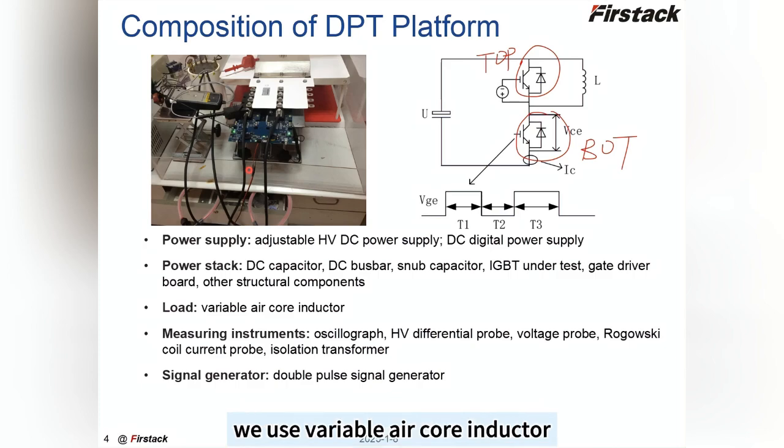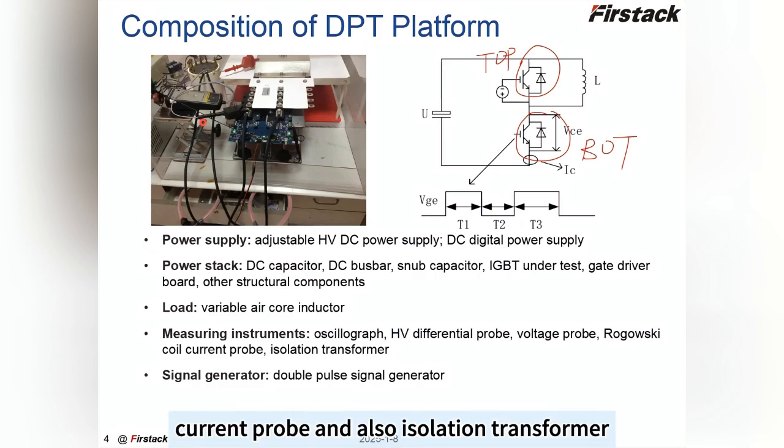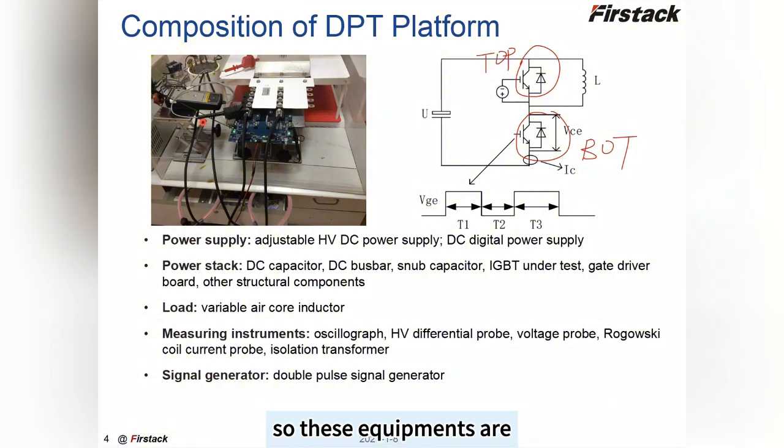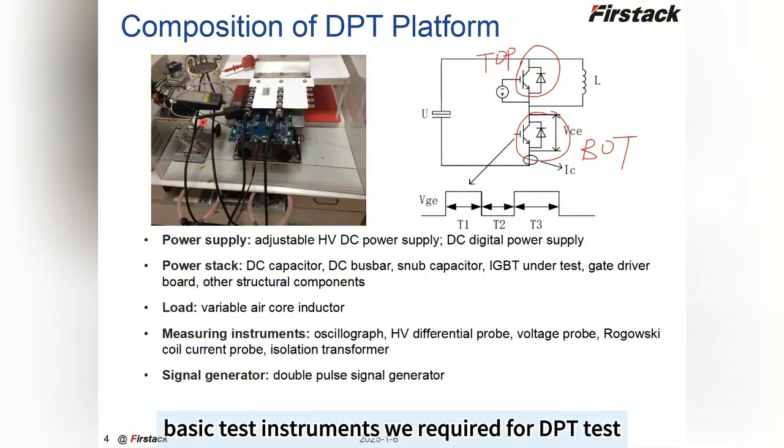We use a variable air core inductor, and in the next part, measuring instruments, we can find oscilloscope, high voltage differential probe, voltage probe, current probe, and also isolation transformer. These are the basic test instruments we require for the DPT test.